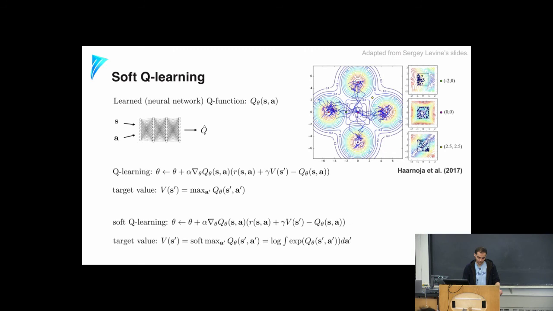For example, if you look at this picture, if you start at point 2.5, 2.5, you will have almost equal probability of going either diagonally up or diagonally down. You can look up more details and experiments in the papers that I linked on the course webpage.